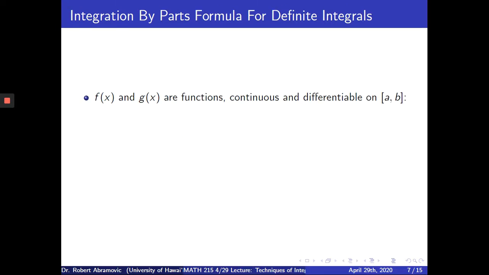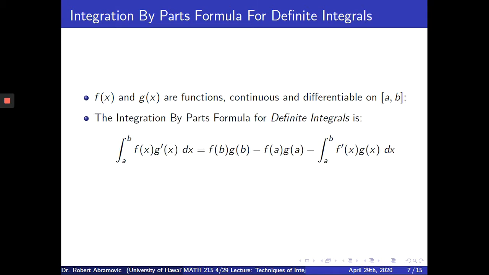Now that was for indefinite integrals. For definite integrals, the formula is slightly different, but very similar. If f and g are both continuous and differentiable functions on an interval, the integration by parts formula for definite integrals is the following.